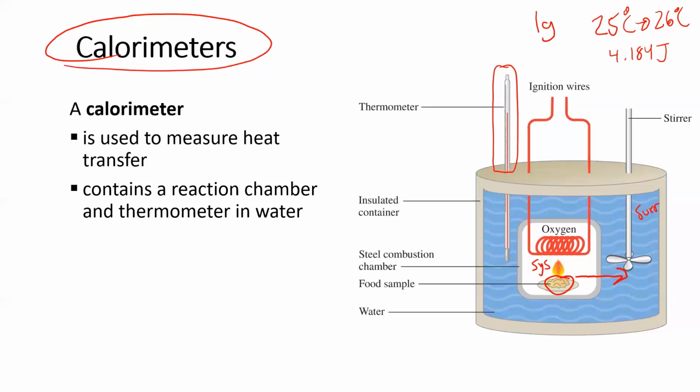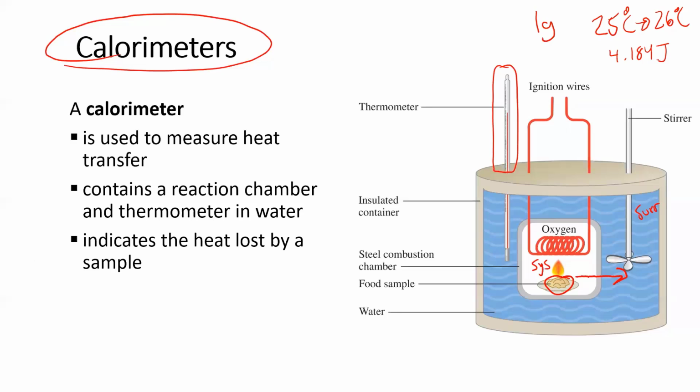Okay, so that 4.184 joules is how much heat energy must be absorbed by the water to raise it 1 degree Celsius. Well, because we use a calorimeter, we like to change the name, and we end up changing the name to calories. Okay, but I'll keep going.